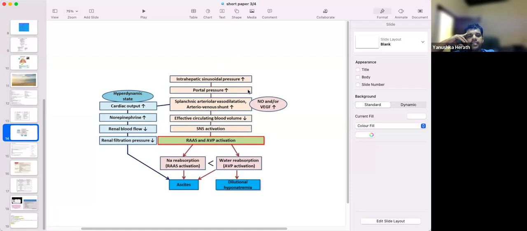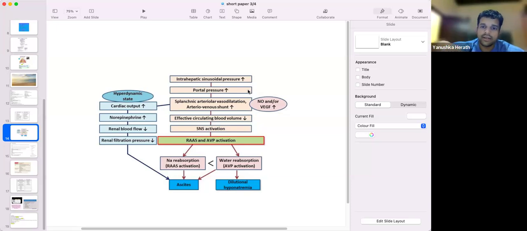So as a result of this vasodilatation of the splanchnic circulation, blood from the other parts of the body will go and stay inside the splanchnic circulation, and then the effective circulating volume will be low.